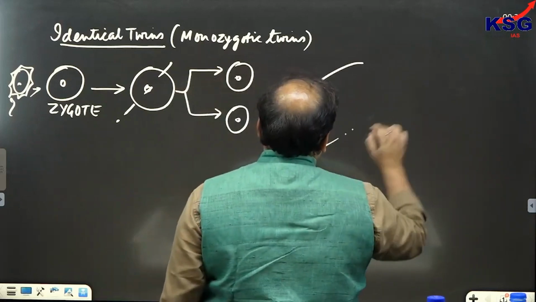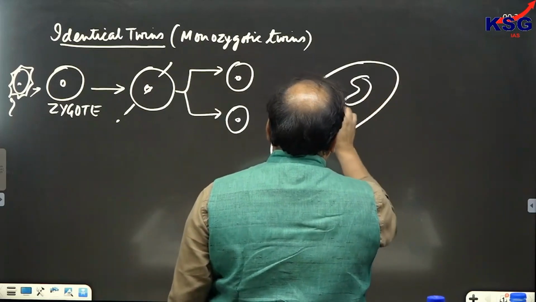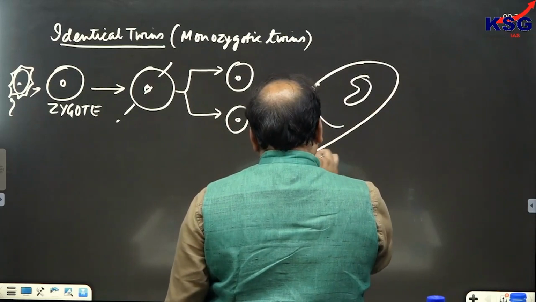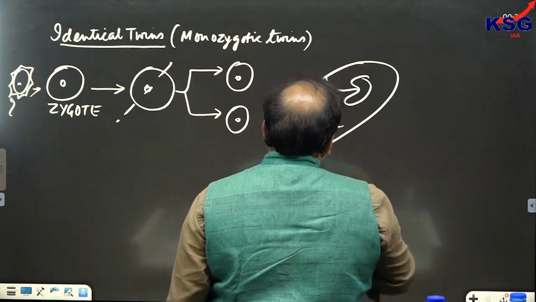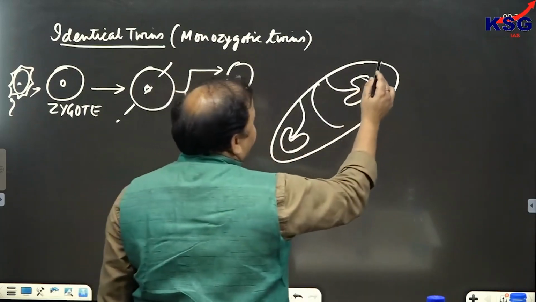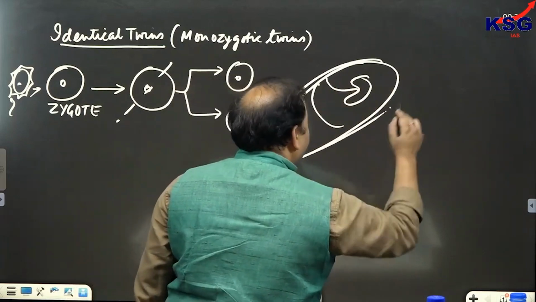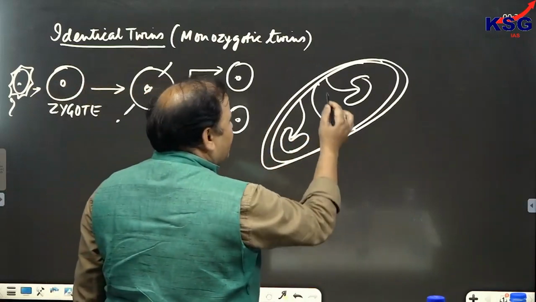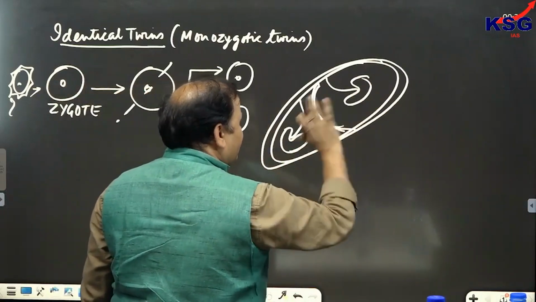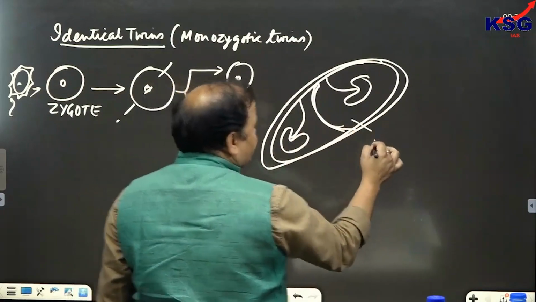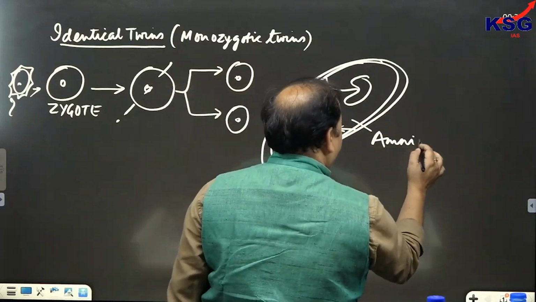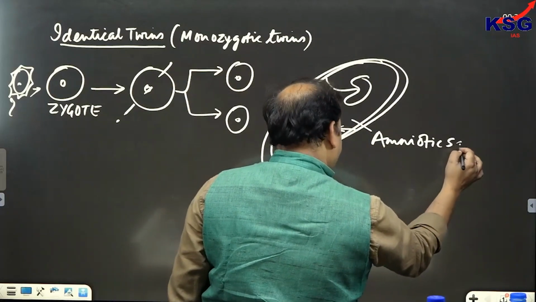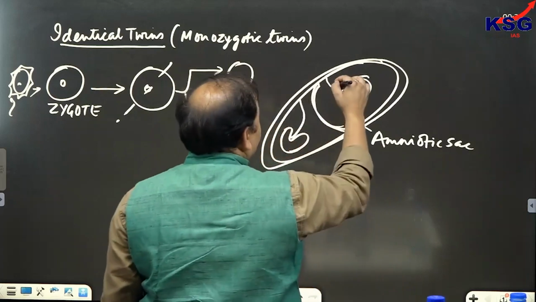And generally monozygotic twins are suspended in different amniotic sacs and they do not share the same placenta. Look, these fetuses of monozygotic twins, identical twins, generally do not stay together; they are in separate amniotic sacs, this bag will be separate. This is called the amniotic sac, and this is called the placenta.